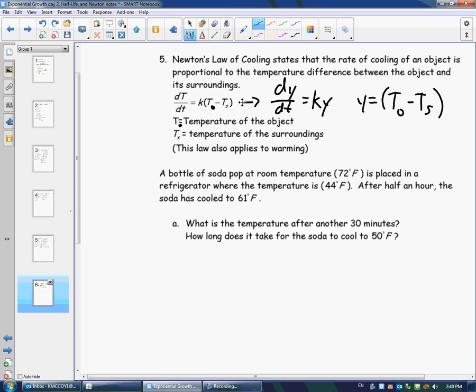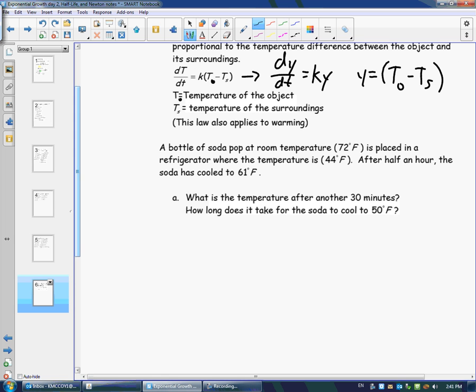Think of taking a soda can and putting it into a refrigerator; it's going to cool itself down. So you take the temperature of the object and subtract the temperature of the surroundings. That's really the only difference. So we just think of T sub O minus T sub S as being y. It really is the exact same thing.